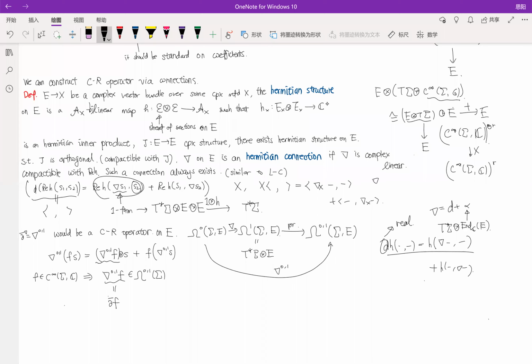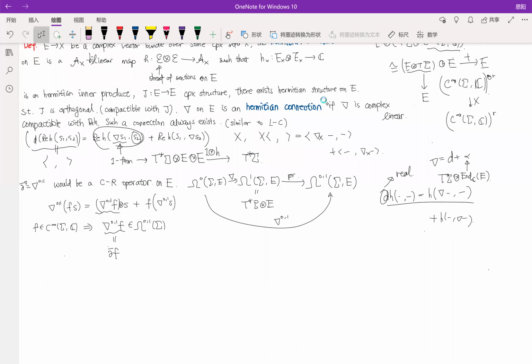That means that sigma applied to S1 plus JS2 is equal to sigma S1 plus J sigma S2. That we require it to be complex linear. So in this case, I think the definition will be equivalent.